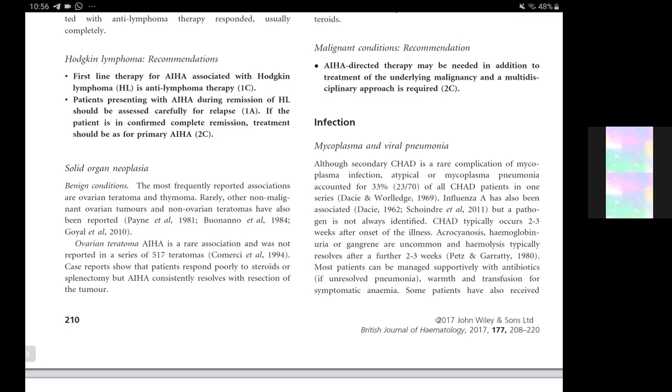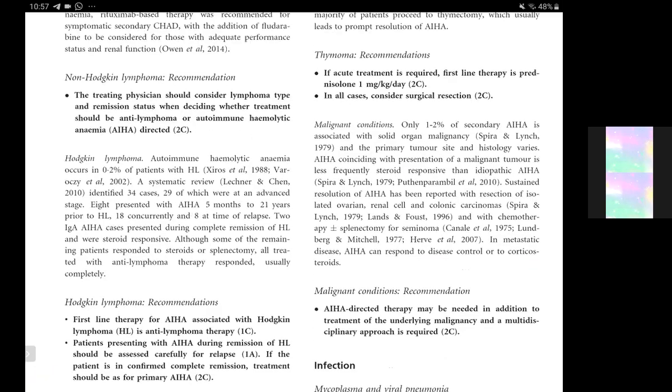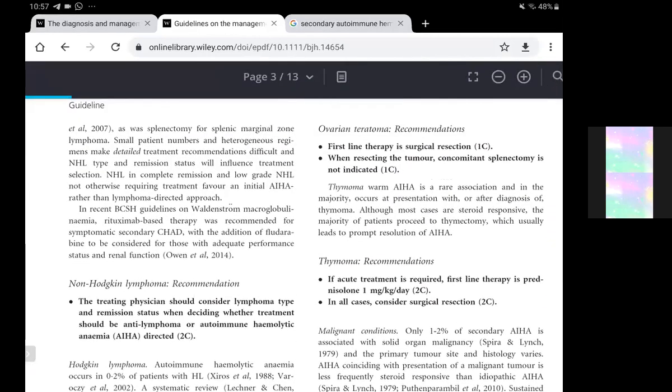But case reports show that patients respond well to steroids or splenectomy, but hemolytic anemia consistently resolves with resection of the tumor. So with ovarian teratomas and with thymomas, the surgery in itself would cause the disease to be treated.